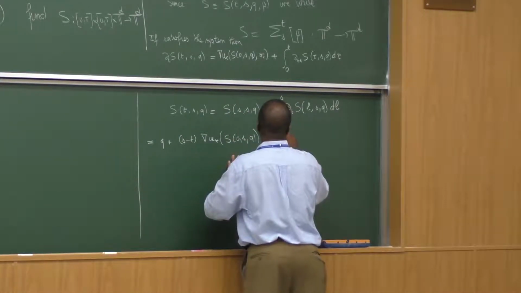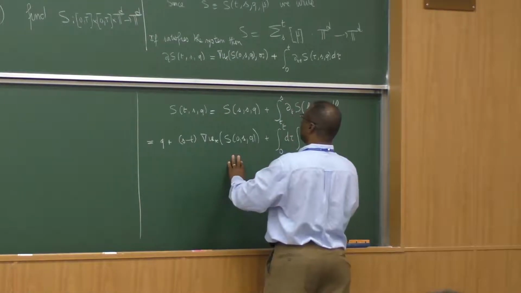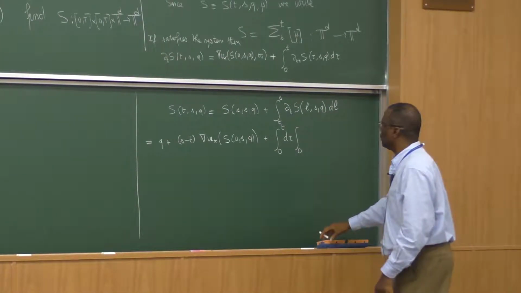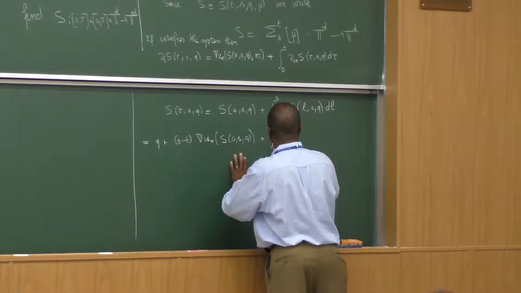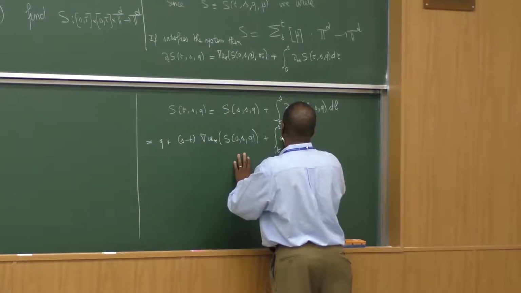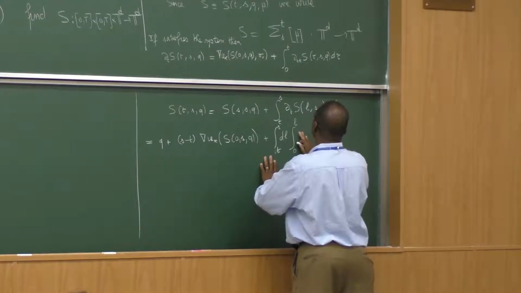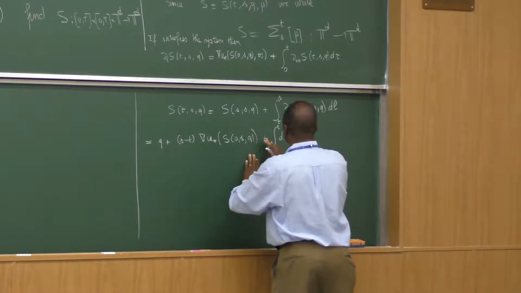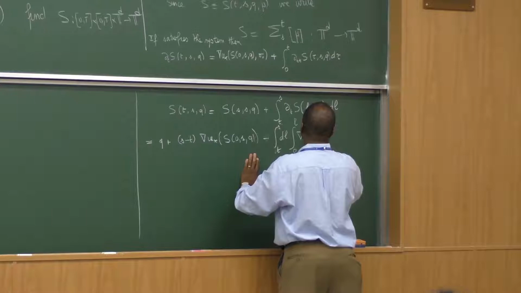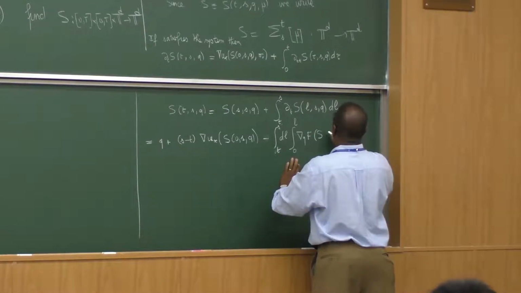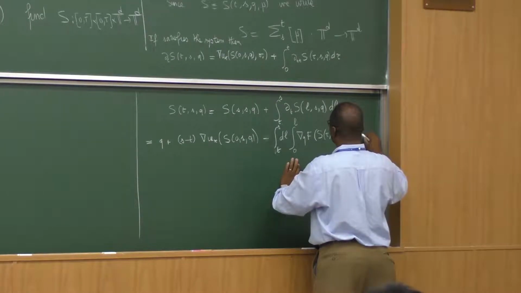plus the integral from 0 to t d tau, the integral from t to s dl, the integral from 0 to l of the second derivative of S, but the second derivative of S is negative gradient with respect to q of f of S of tau, s, q, sigma tau d tau.